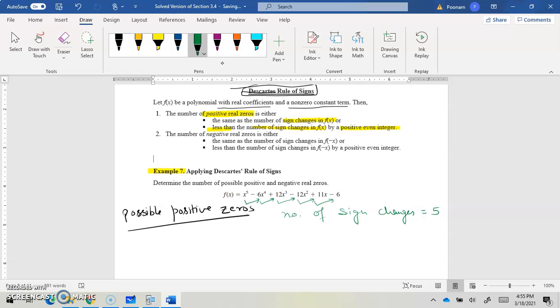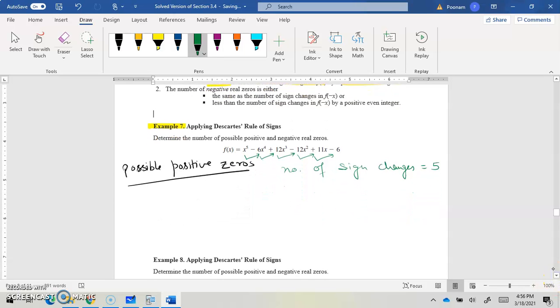Okay. We are saying the possible number of positive real zeros is the same as the sign changes, that is 5, or less than that by a positive even integer. What are the positive even integers? 2, 4, 6 and so on, right? So what are the possibilities for the number of possible positive zeros?